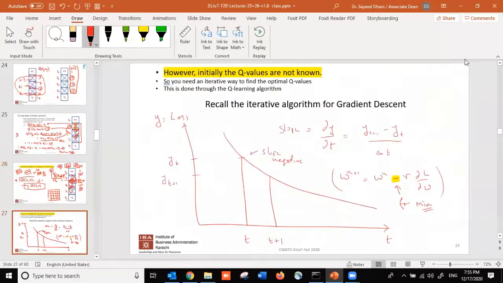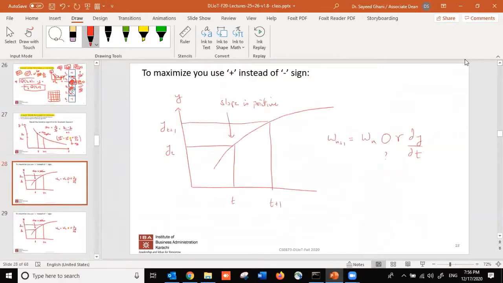Okay. Now, if we look at the gradient descent, this is what we had: Wn plus 1, Wn. For minimum value, we took the learning rate R and the rate of change of L with respect to W. If you're trying to maximize it, then what should the equation be? So let's say you're trying to maximize the weights, it would be Wn, and what would go over here? Plus.